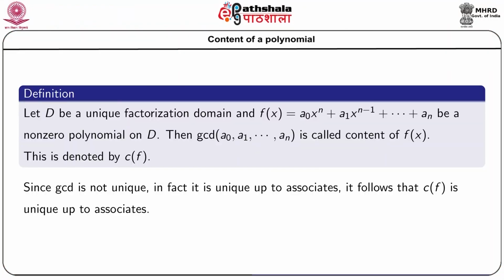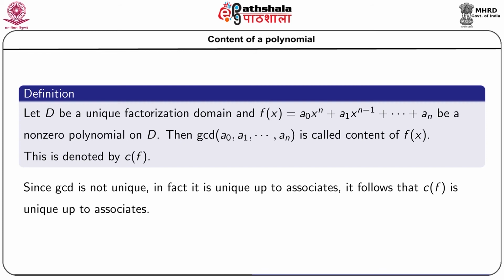First, we define the content of a non-zero polynomial. Let D be a unique factorization domain and f(x) be a non-zero polynomial over D. Then the GCD of a0, a1, up to an is called the content of f(x), which we denote by c(f).